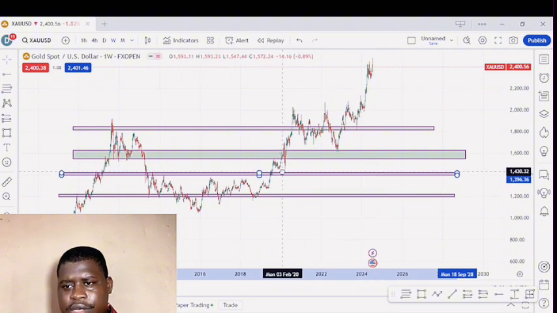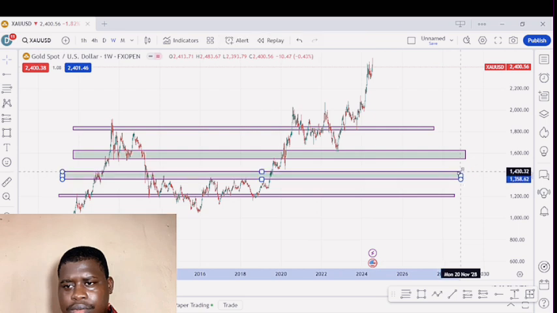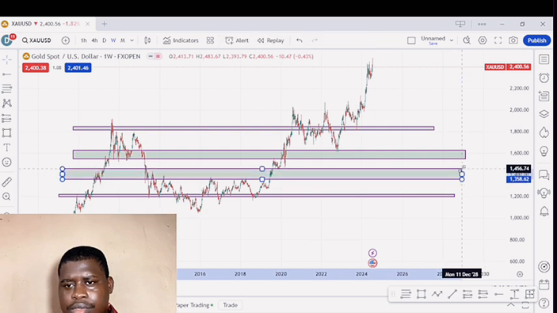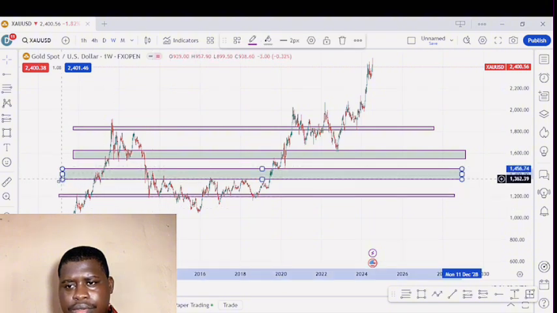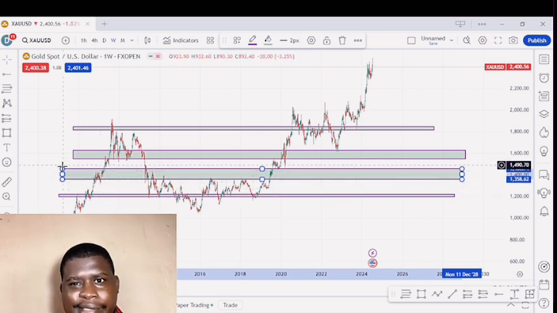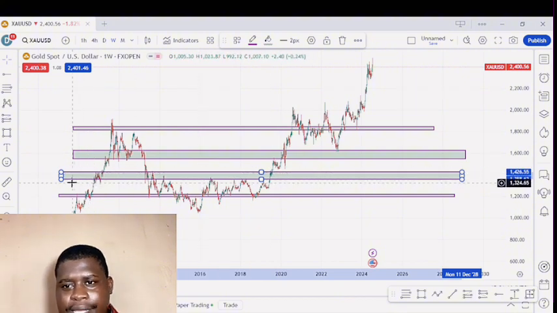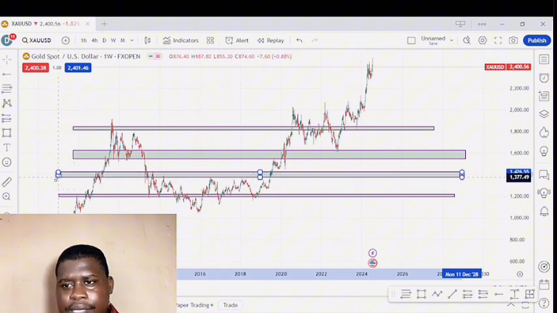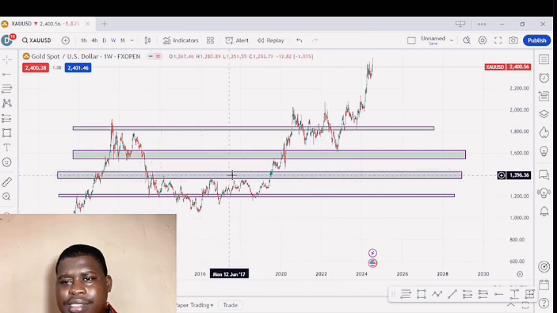There is a level here as well. You see, there is a level here as well. That is pretty too wide. Yeah, it's too wide. It's okay like that.